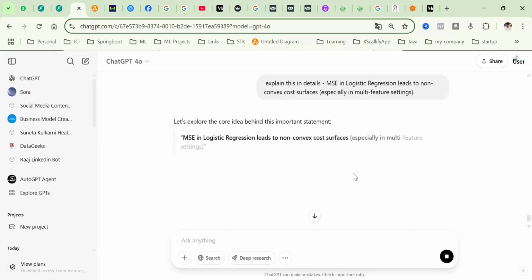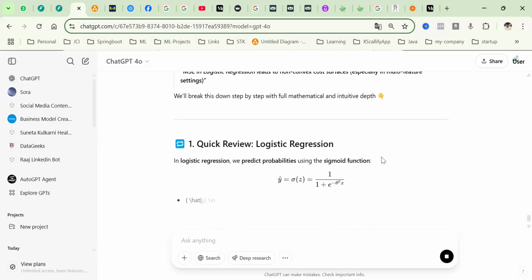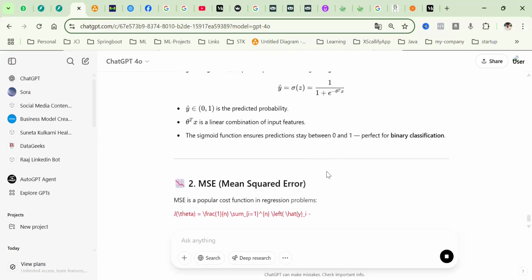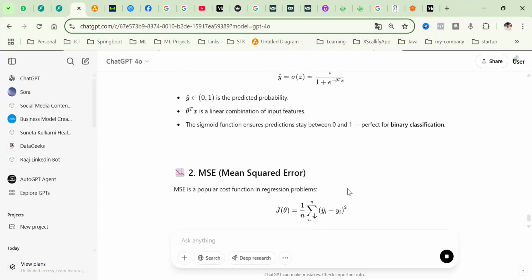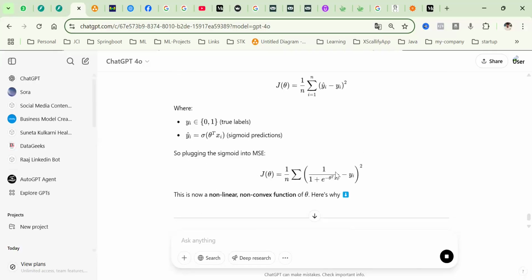Here I'm applying MSE in logistic regression to find my cost function. This is my sigmoid function, and it is finding the mean square error. This is the error: Y predicted minus Y actual, whole squared, and summation. This is the cost function.